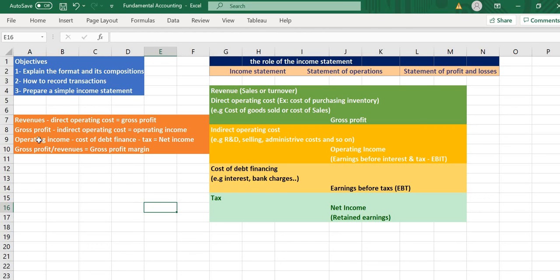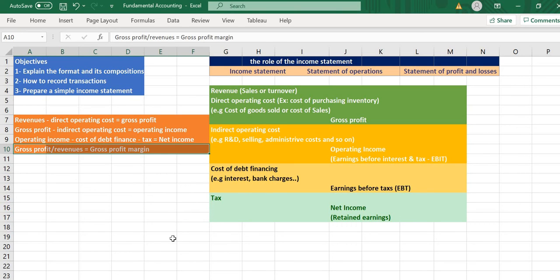When we have operating income, we minus cost of debt finance and tax. Cost of debt finance may include interest or bank charges. Minus tax, we're gonna have the net income.